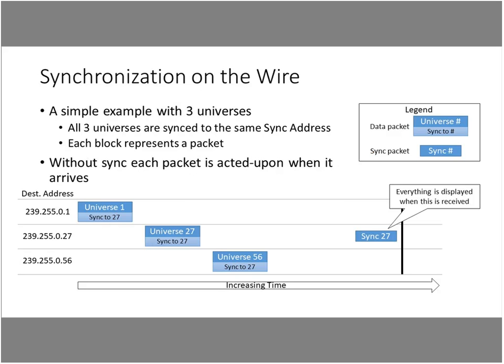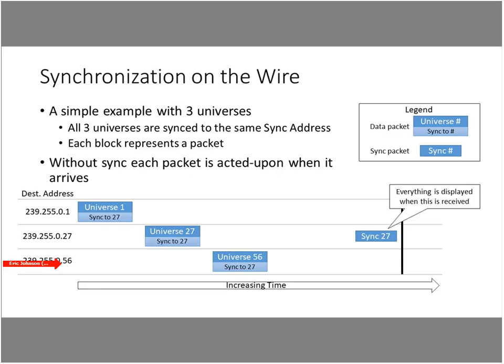Synchronization on the wire. What we're presenting here is a time view of the most basic synchronization operation. As you know, in E1.31, each universe is sent to its own multicast address. And so each lane here represents a universe's multicast address.